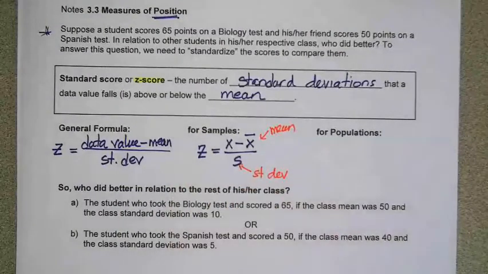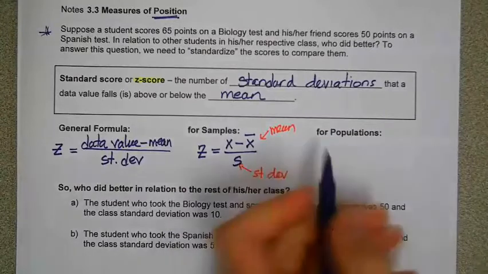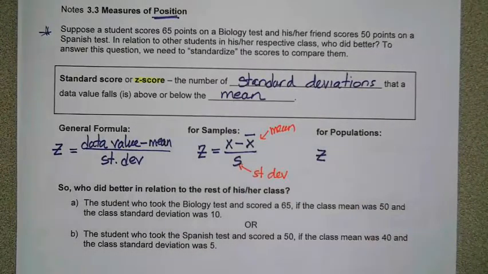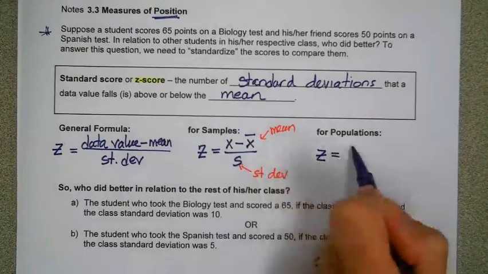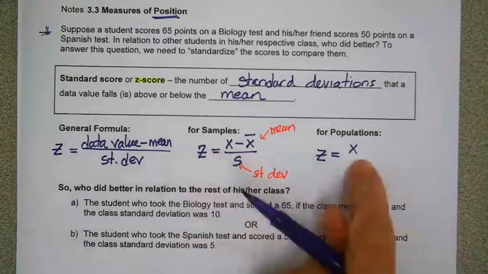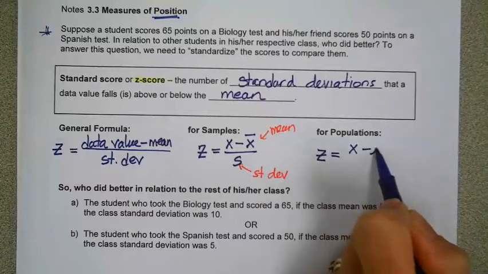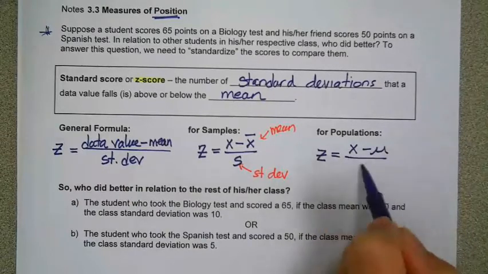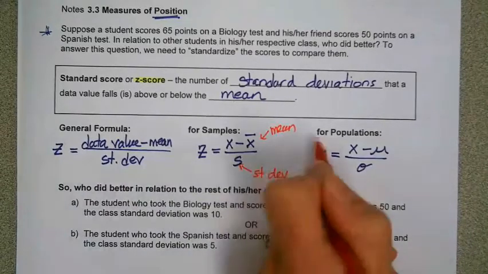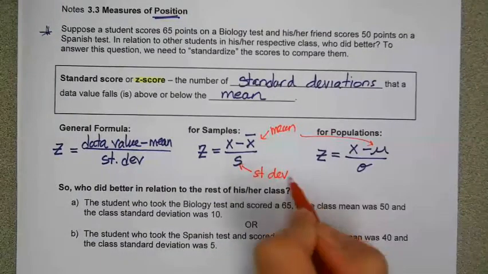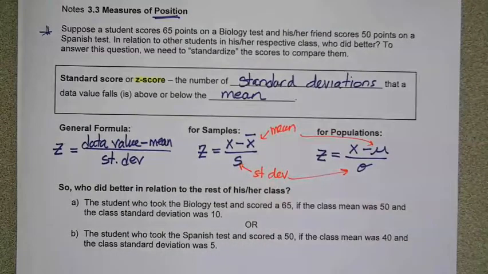For populations, we have x minus mu, over sigma. Still, x is used no matter what to represent a single piece of data. Both represent the mean and the standard deviation, with those two representations.